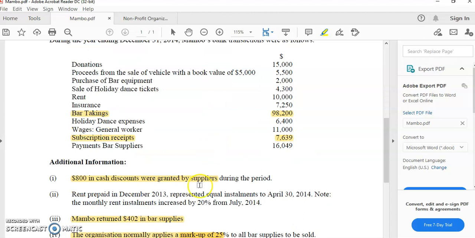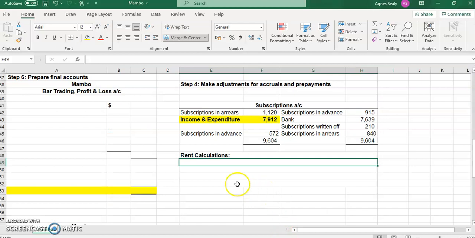And they stated here that the monthly rent installment increased by 20% from July. And they also said that the $4,200 represent equal installments. So if it represents equal installments, we can take the $4,200 and divide it by 4 to come up with the monthly installments, because we need to know the monthly installments so that when we get to July, we can increase that monthly installment by 20%. So let's go through that.